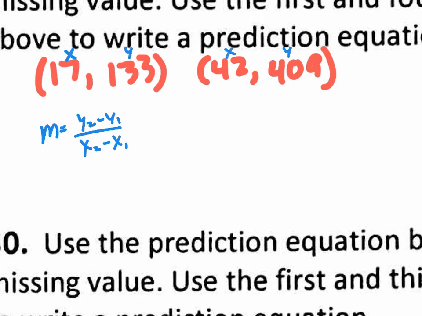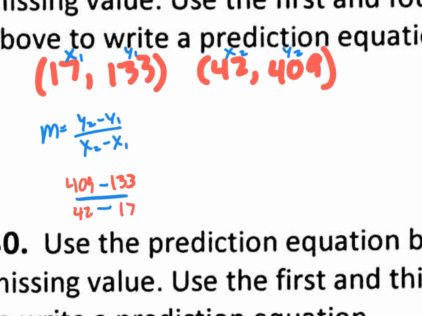So how do we tell the difference? We're going to call the first x and the first y x1, y1. The second x and the second y, we're going to call it x2, y2. So when we plug it into our formula, I would do the division and the subtractions first. That way you don't get confused. And then I plug in y2, which happens to be 409, minus y1, which is 133, over x2, which is 42, minus x1, which is 17.